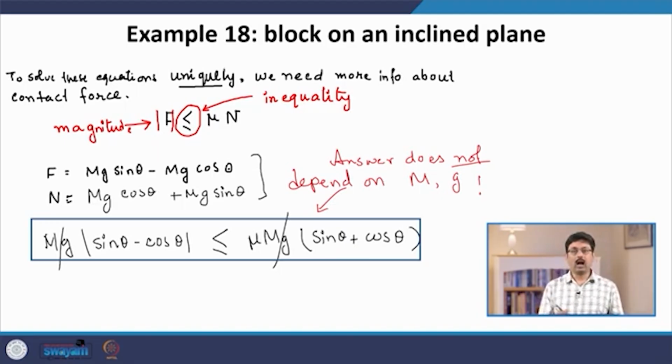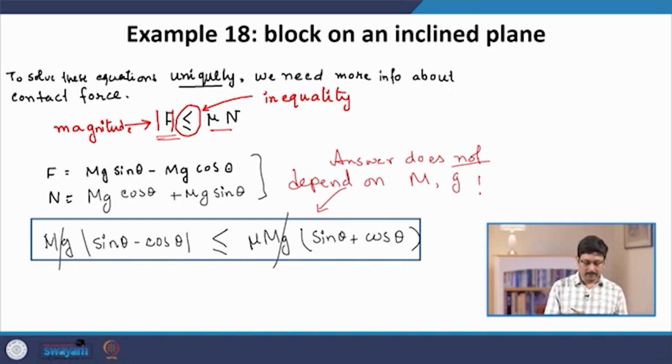But the question asks what is the range of theta, which means theta can vary. Why can theta vary? Because the frictional force is self adjusting. Coulomb's law says its magnitude can be anything which is less than or equal to mu times n.